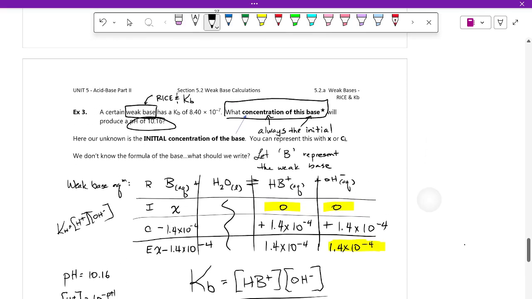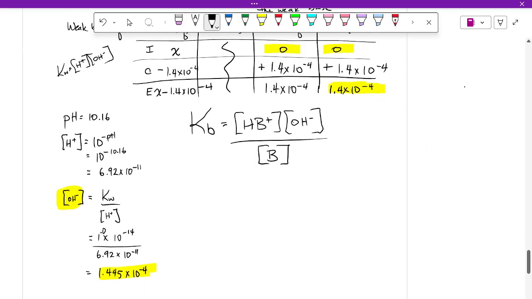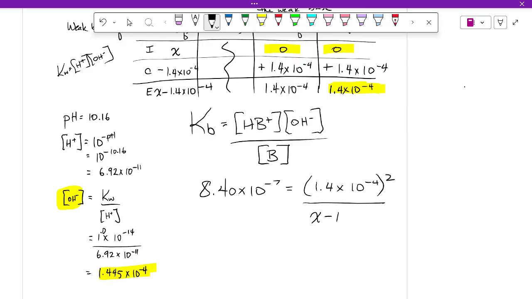Yes, 8.40 times 10 to the minus 7. And we've got both HB plus and OH minus at 1.4 times 10 to the minus 4, and that's squared. And that's over X minus 1.4 times 10 to the minus 4.